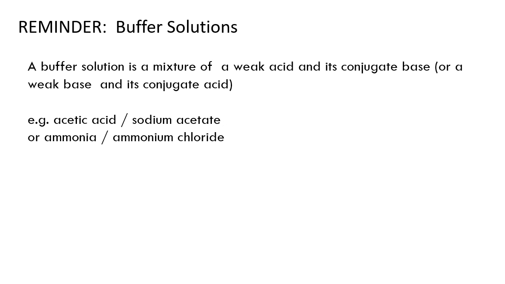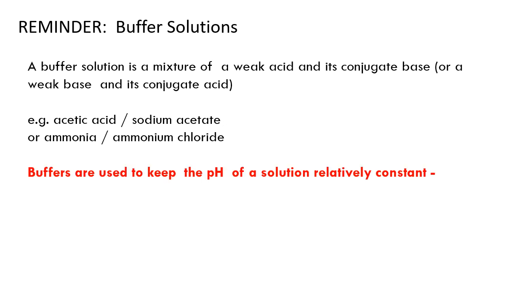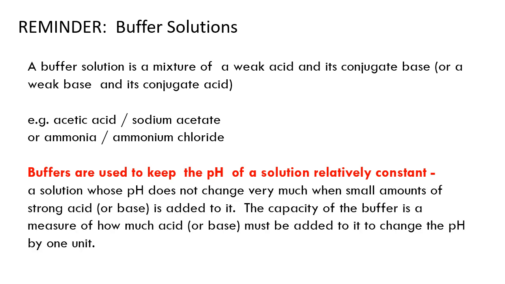Buffers are used to keep the pH of a solution relatively constant. If you have a solution whose pH does not change very much when small amounts of strong acid or base are added to it, this is referred to as a buffer. The capacity of the buffer is a measure of how much acid or base would need to be added to it to change the pH by 1 unit.